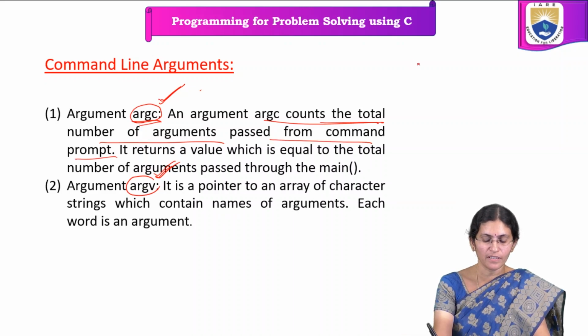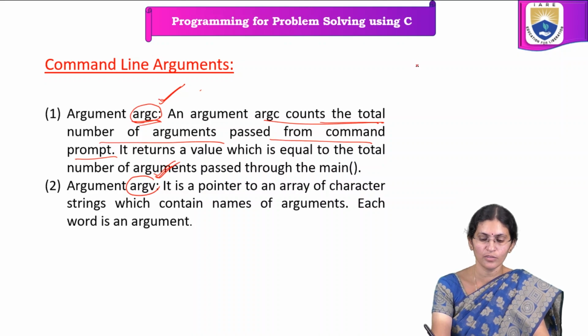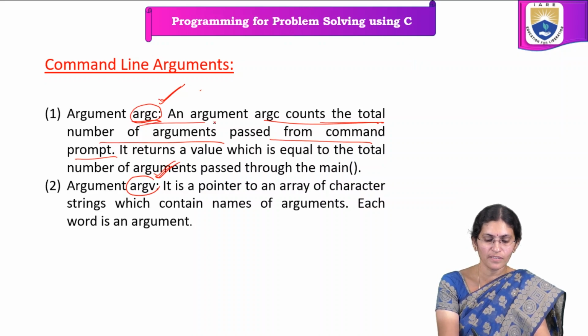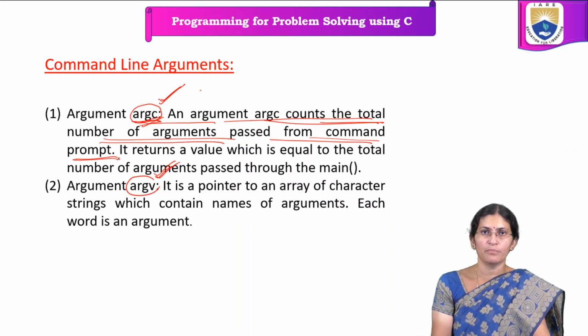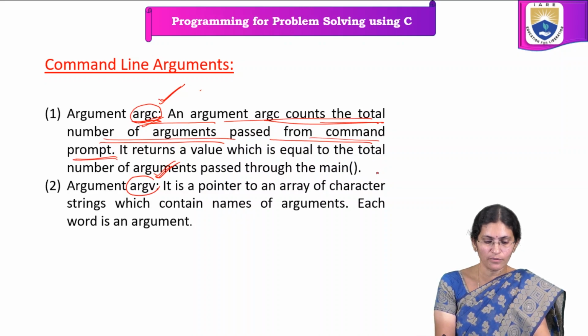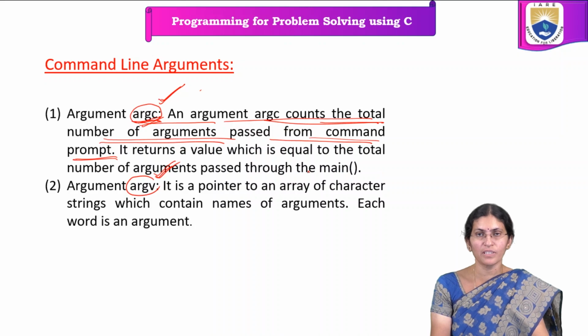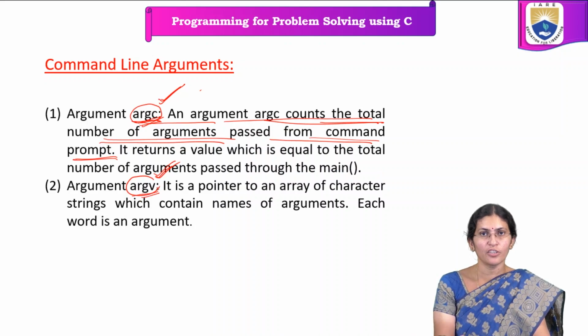Suppose we are passing two arguments from the command prompt; this argument counts the total number of arguments passed, so it returns a value equal to the total number of arguments passed through the main function.